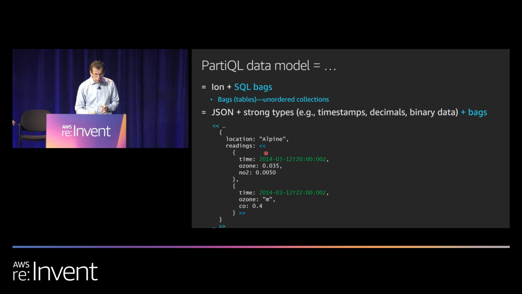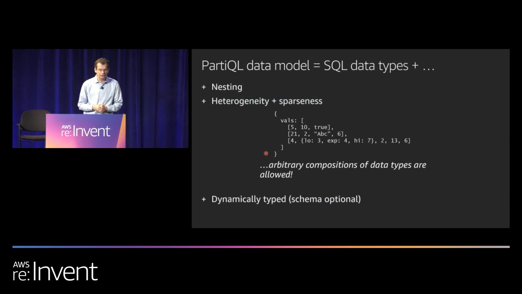All right, so let's summarize what we have seen on the Particle data model, and let's see it from another angle. Instead of basically saying, let's start from JSON and see what we can add to get closer to SQL, now let's see it in the opposite way and say, let's start from SQL and see how we have to expand the SQL type system to get into Particle.